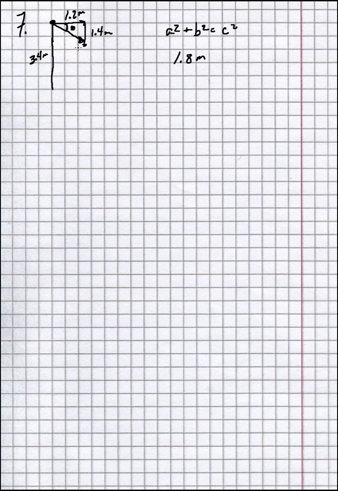This is going to be our theta. Okay, so you can see that our opposite tangent, we use tangent again. The opposite is 1.4 meters divided by 1.2 meters, and that gives us 49 degrees below the horizontal.